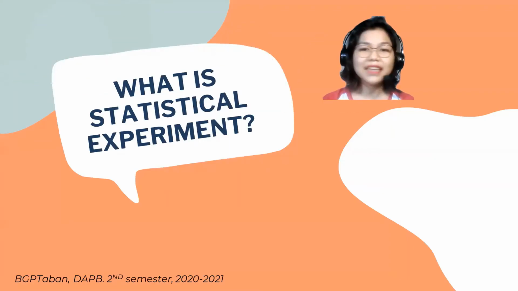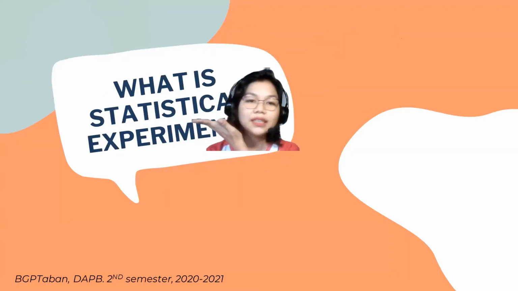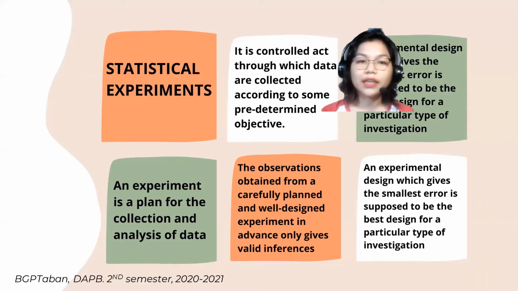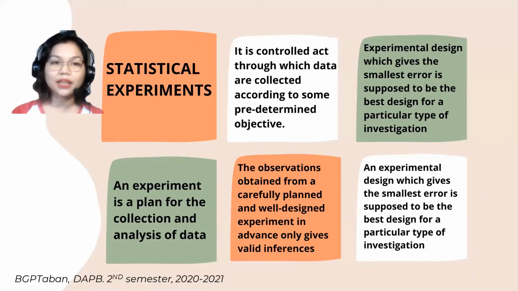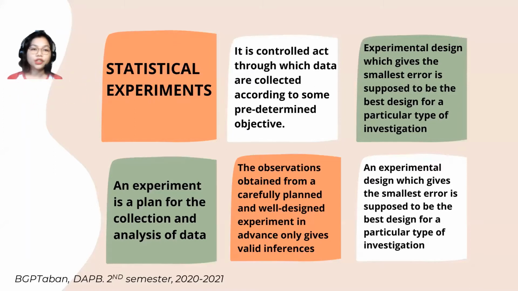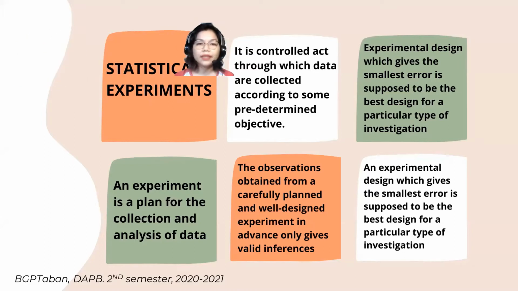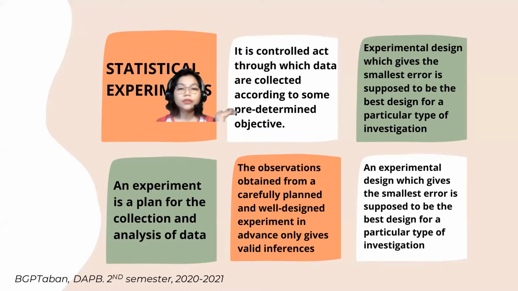But let's define first what is statistical experiment. Talking about this, we have sets of definitions on what is statistical experiments. So here it defines that a statistical experiment is a controlled act through which data are collected according to some predetermined objective.